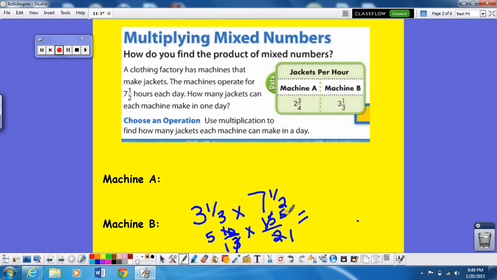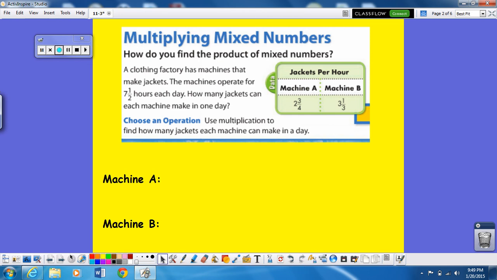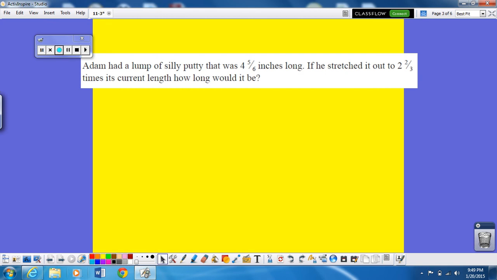We have 5 times 5, which is 25 over 1. So this particular machine can make 25 jackets in the amount of time that it's open each day. Okay, so basically you're taking the same kind of work and you're just multiplying it out to see how many jackets can be made.